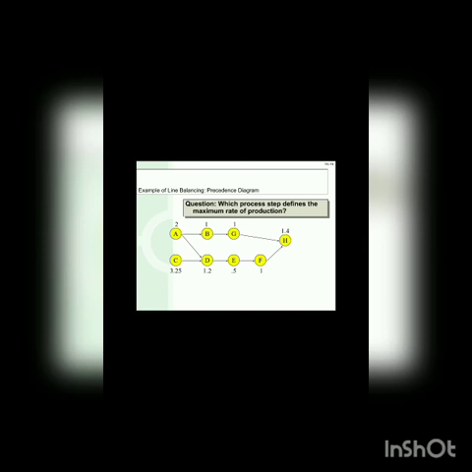If you add all the times given on these circles, you'll get that the sum of all tasks is 11.35 minutes per unit, divided by 4.2 minutes per unit, and that will give you 2.702. So this 2.702 is the total number of workstations you must have.